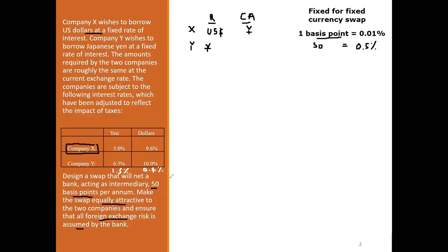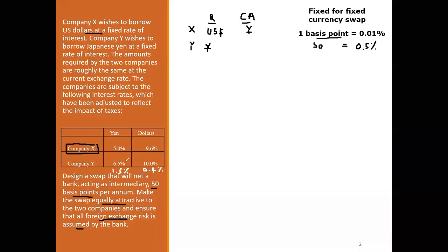And if you look at Y, if you look at the rates, what can you say? For Y, in which market does Y have a comparative advantage? Yes, so how would you interpret? Y in the yen market pays 1.5% more than X, but in the dollar market, it is paying only 0.4% more.